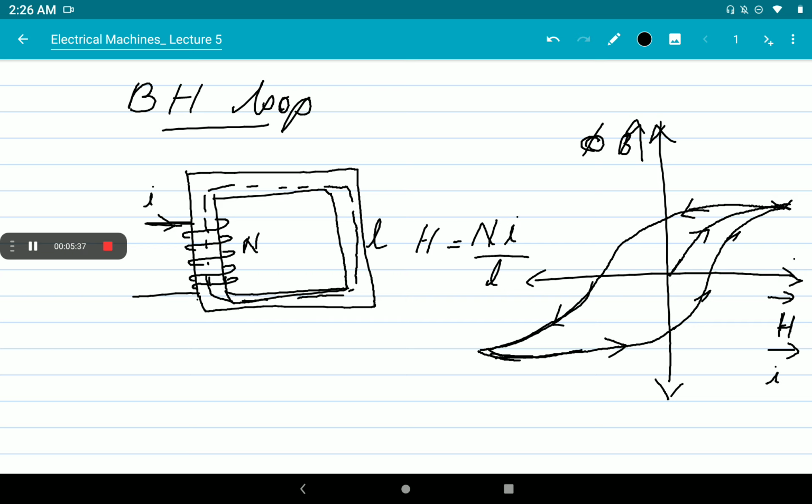So there is a tendency in the material to retain its magnetic properties. So this curve is known as the BH hysteresis curve. So the lagging of I and B behind H is called hysteresis.